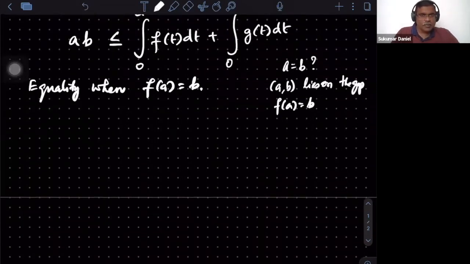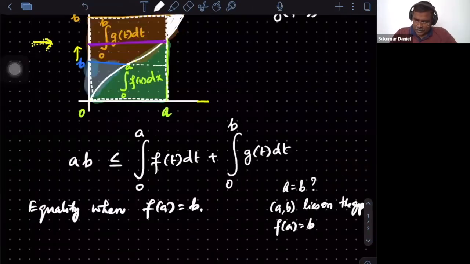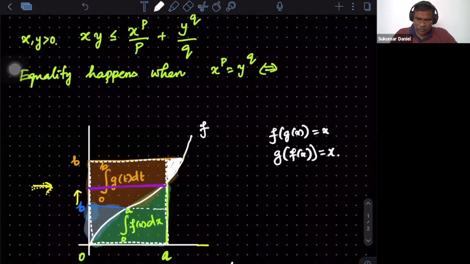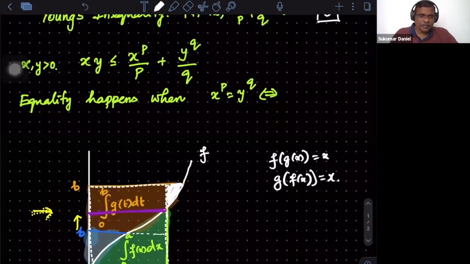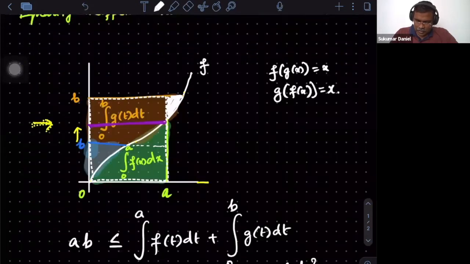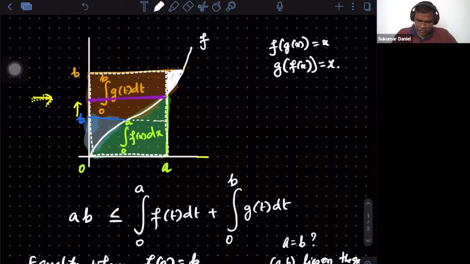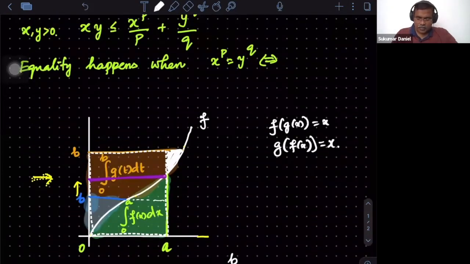Now here comes the specific case that I want to look at. See, the reason for deducing this geometric inequality is the other way of deducing Young's inequality from this. Can you see what kind of function I should consider to get Young's inequality? That's obvious, right? You have some function, and if you integrate, the left hand side is something like A and B. I call it X and Y here, that's fine.